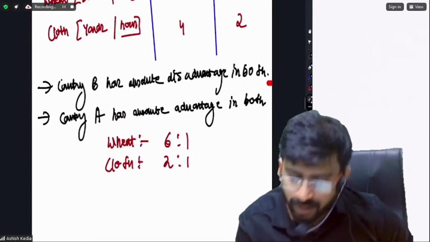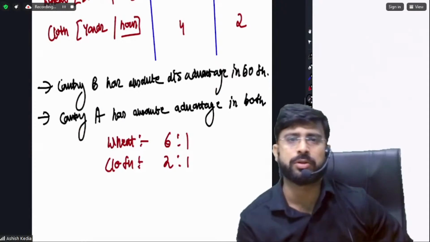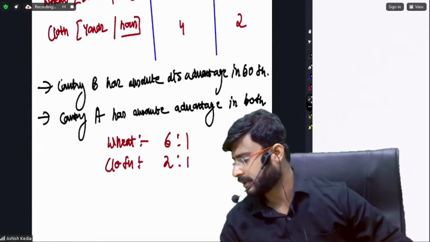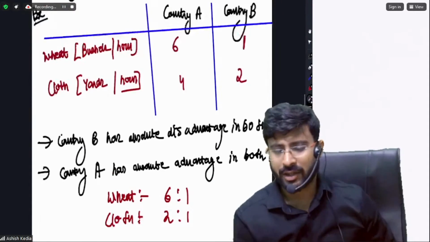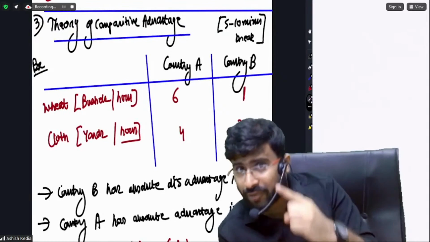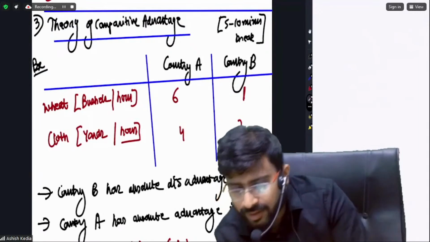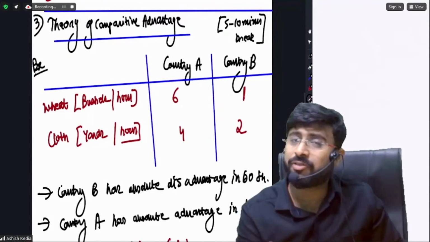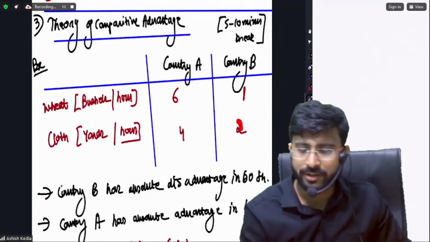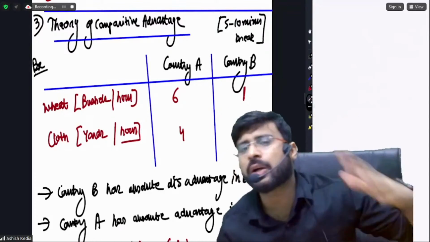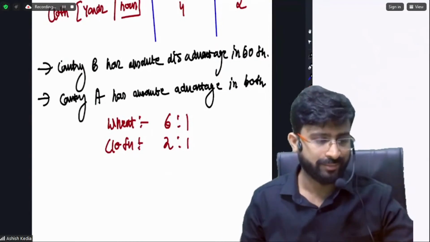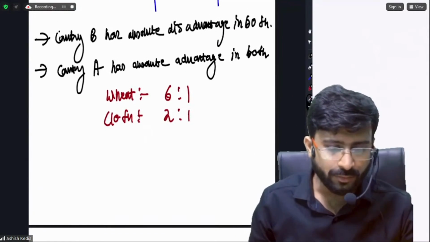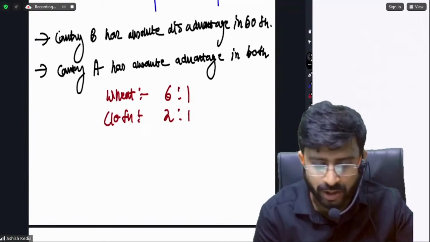कंट्री बी हैज डिसएडवांटेज इन बोथ, ए हैज एब्सोल्यूट एडवांटेज इन बोथ. तब ये थ्योरी लागू होता है. आया बात समझ में? तब ये बोलता है कि जिसमें ज्यादा एडवांटेज है, द वन वेयर द कंट्री हैज ग्रेटर एडवांटेज, दैट इट शुड एक्सपोर्ट, एंड द वन वेयर इट हैज लेसर एडवांटेज, दैट इट शुड इंपोर्ट. अंडरस्टूड? यस सर. Who gave this theory?